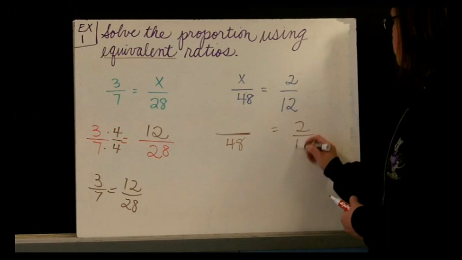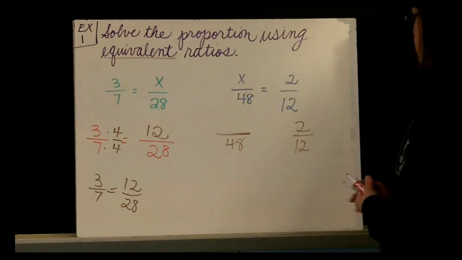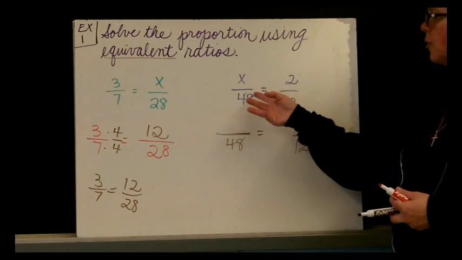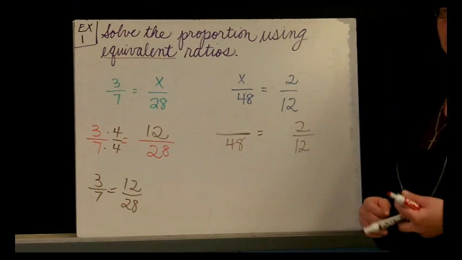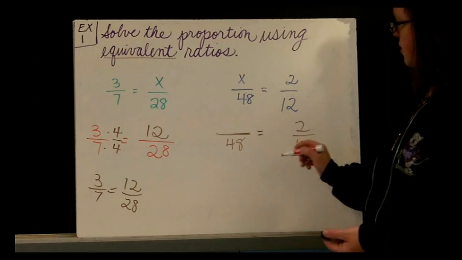And we have 2/12. And so what we're going to do is we are working backwards. Because here we have our variable, our blank space, on the other side of the equal sign. But the process doesn't change.